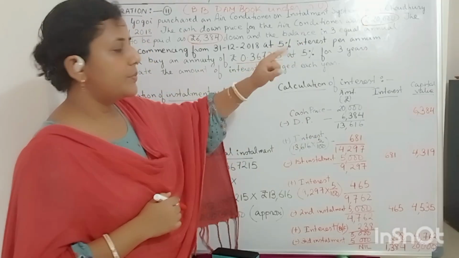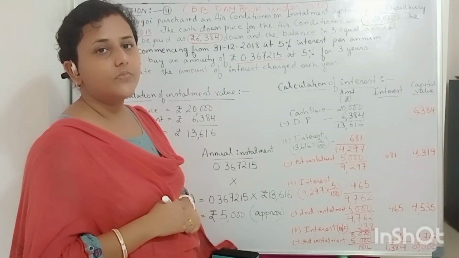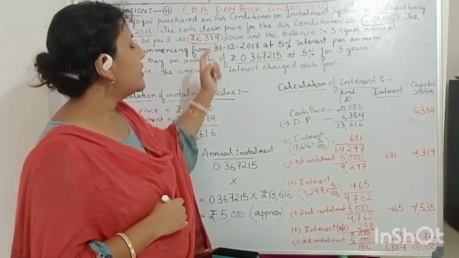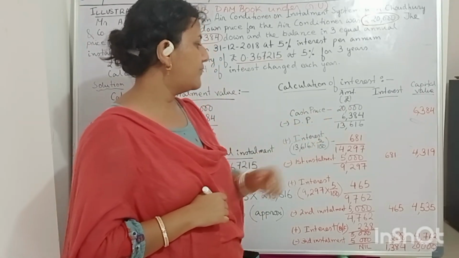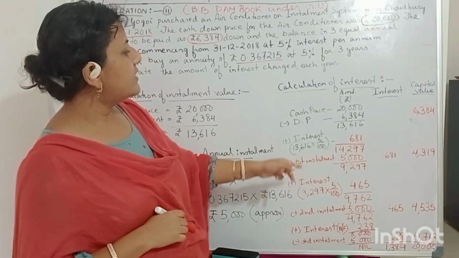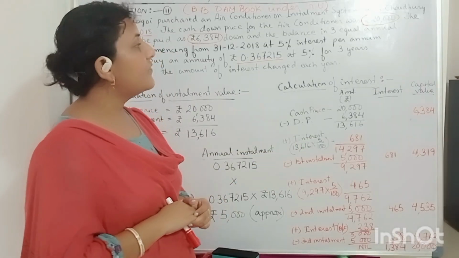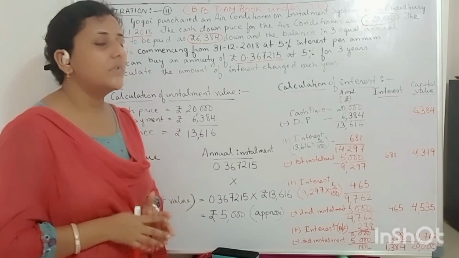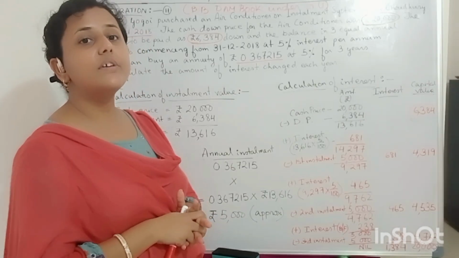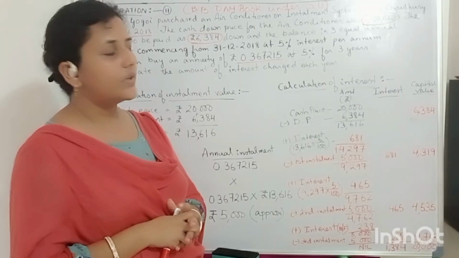This is the cash price, ₹20,000. Then you see down payment amount is given, 6,384. Interest is charged at the rate 5% per annum. But where is the value of installment? The value of installment is not given in the question. Yes or no?